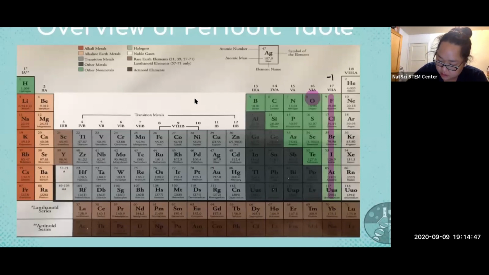Everything in this column right here has a -2 charge. Everything for the nitrogen has a -3 charge.